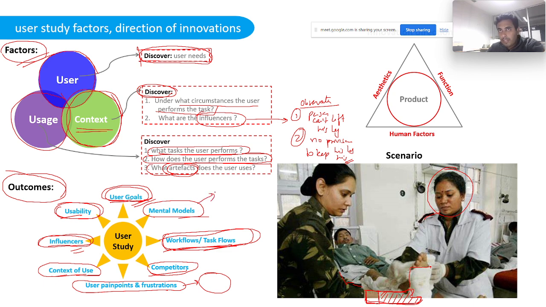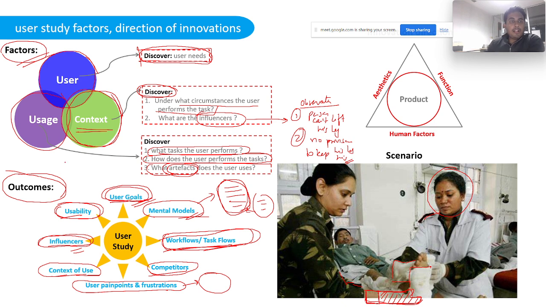Mental model does not mean the conceptual model or the idea, but rather what set of features the user or the stakeholder is looking for in a solution, and what is missing in this particular procedure. If you can identify those, that itself lets you know about the mental model of the particular user.